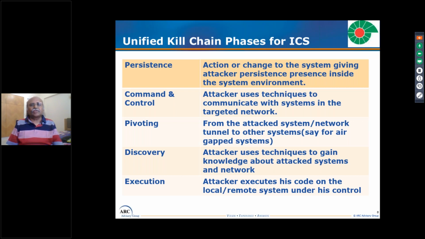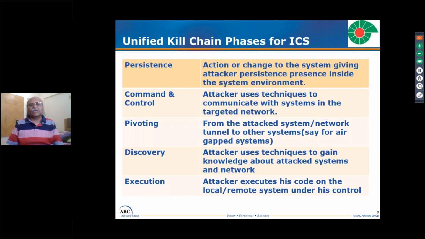And command and control, of course, maybe you need a command and control, or you may not be in command and control. Pivoting is also very important. If he comes into the IT system, he has to go to the OT system, and he has to tunnel through the network and look at OT systems which can be air gapped.